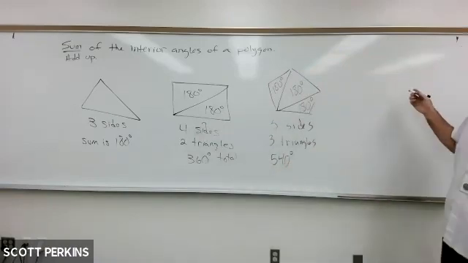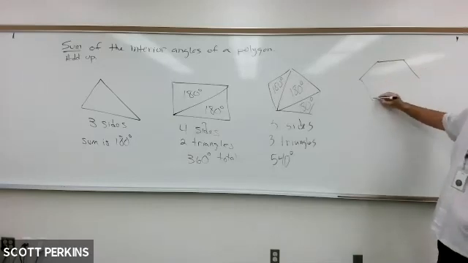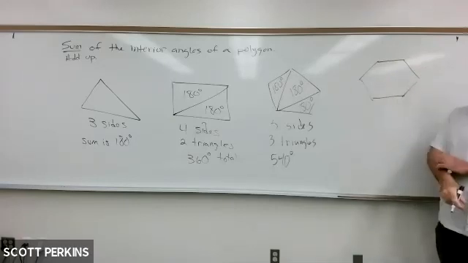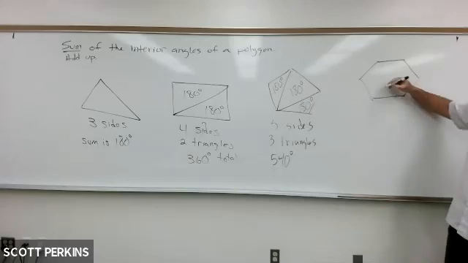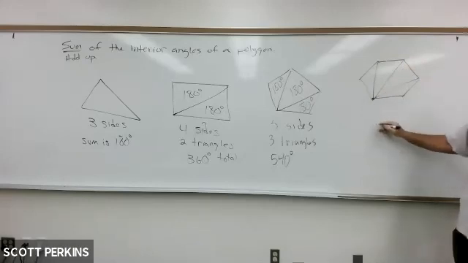So this time I will do a hexagon, 6 sides. I'm going to divide this up into triangles. So I'm going to use this vertex down here. 1, 2, 3. So I've got 6 sides.